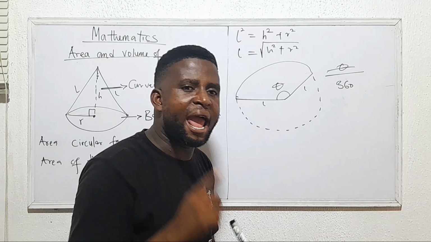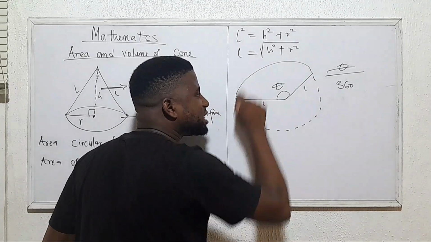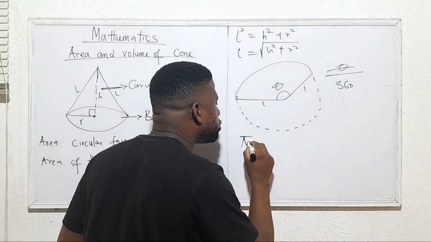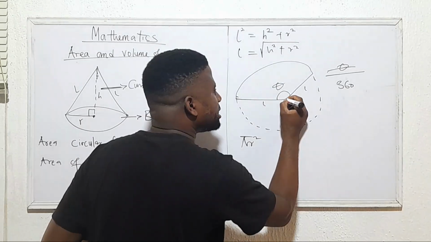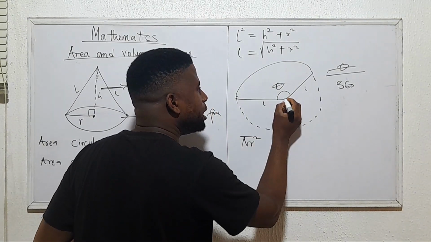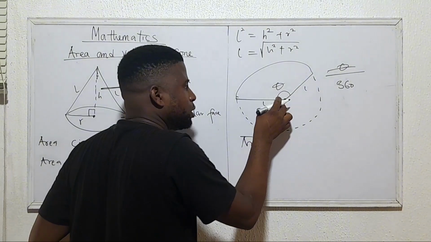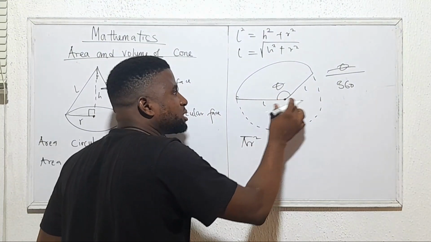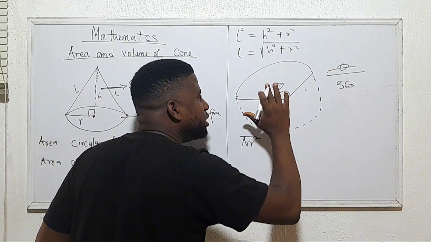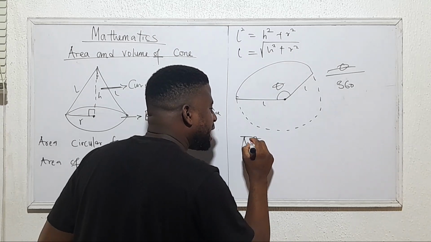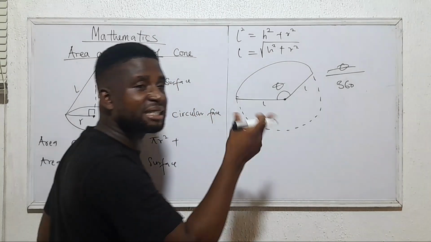Now, the area of the full circle is pi r square, but then this is the midpoint of this circle. It means that this midpoint to this circumference is the radius. So which means that the radius in this curved surface is not r but L, which is the slant height.